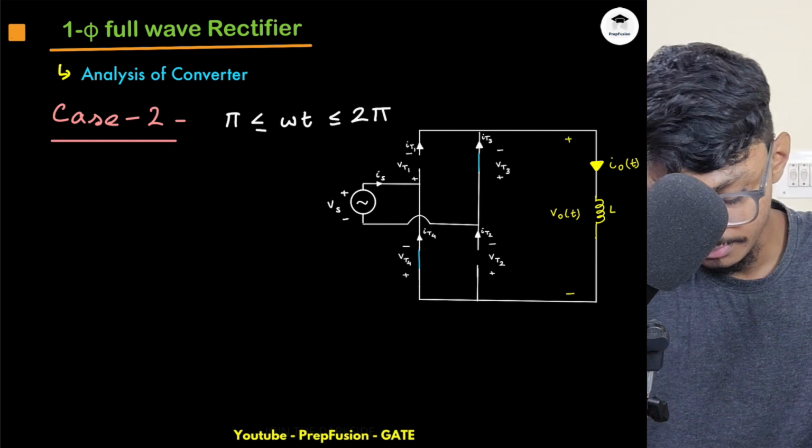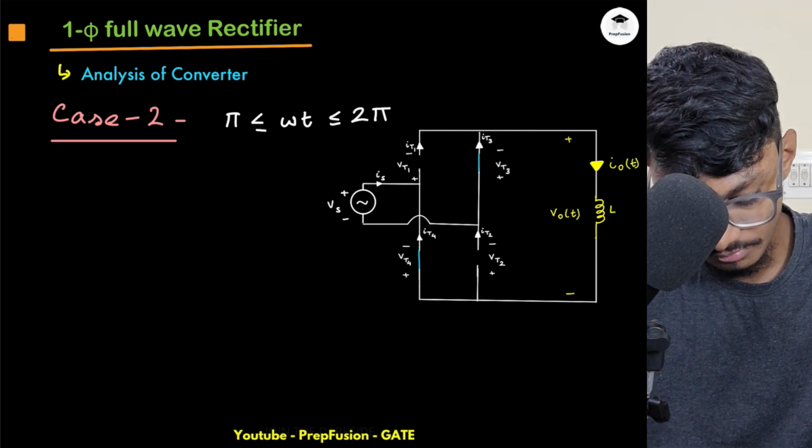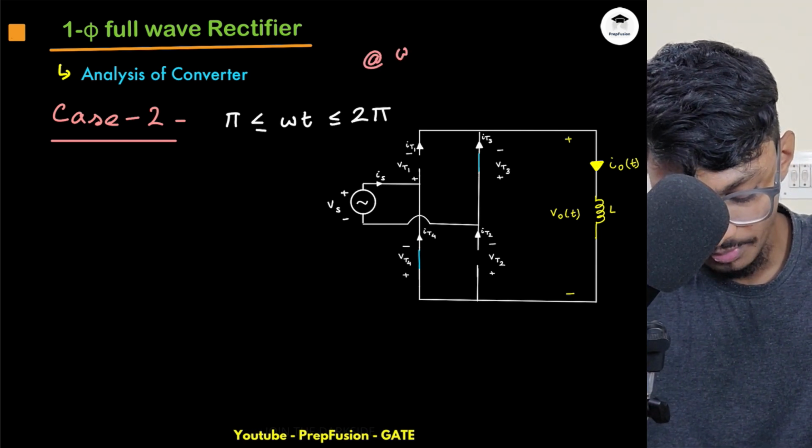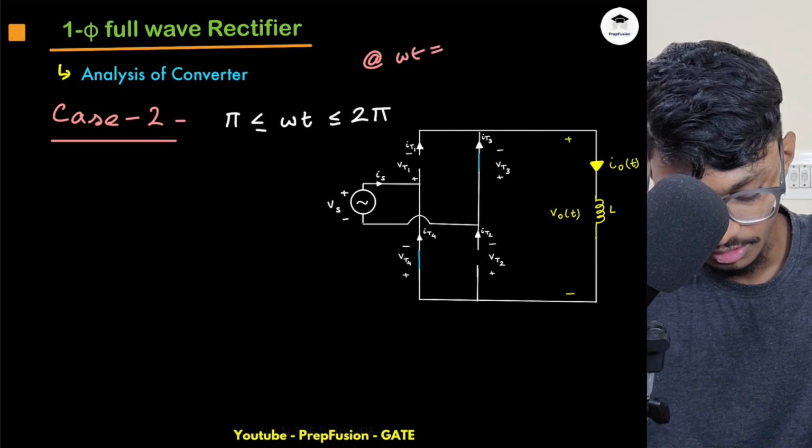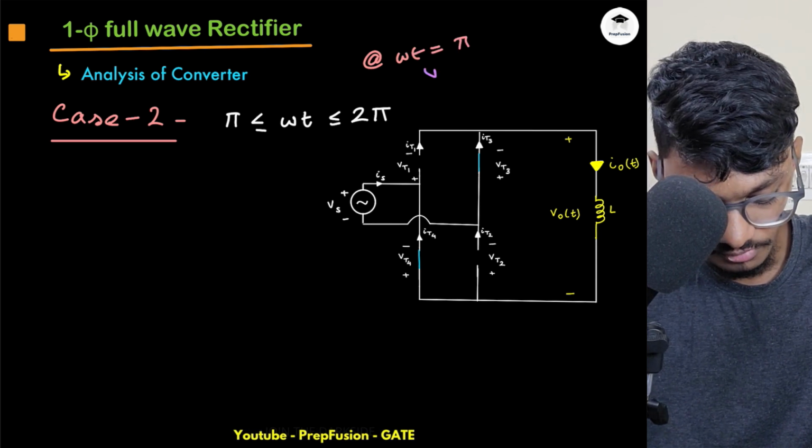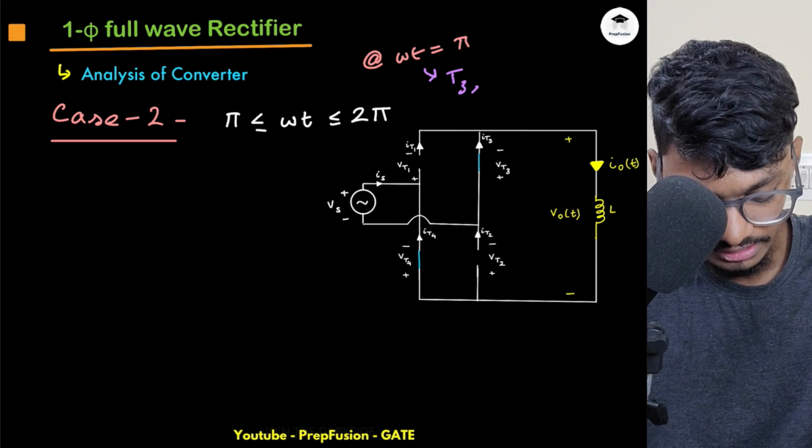At exactly omega t equals pi, my SCRs T3 and T4 are getting triggered.